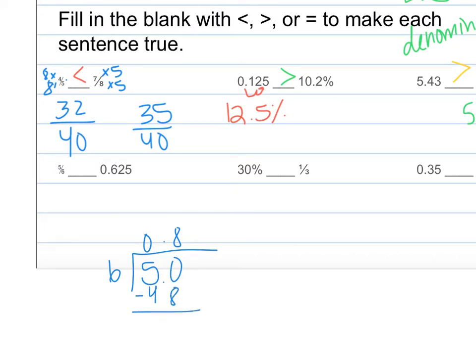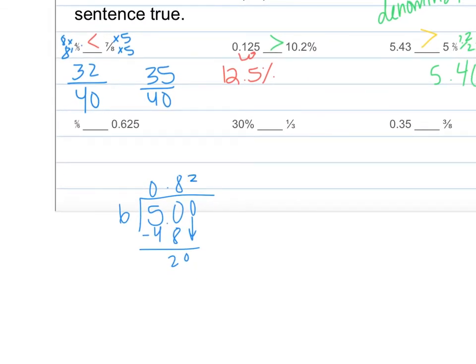That would be a 2, add a 0, goes in there 3 times, which is 18. Looks like we're going to have a repeating decimal. And I know 83 is more than 62, so this was 83 repeated, which means that that's the larger amount. That's the bigger number.